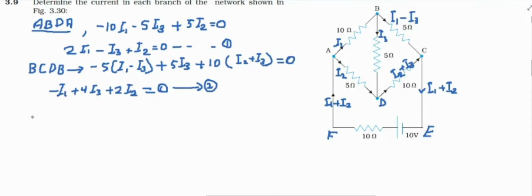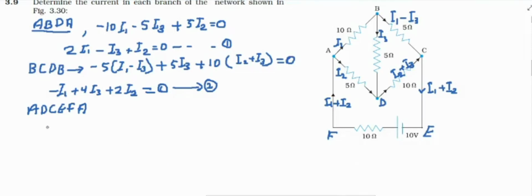Now we have three unknowns, so we need three equations. So take the loop A, D, C, E, F, A. Then write the equations. Here the cell sends the current in clockwise direction, so that also we need to consider.